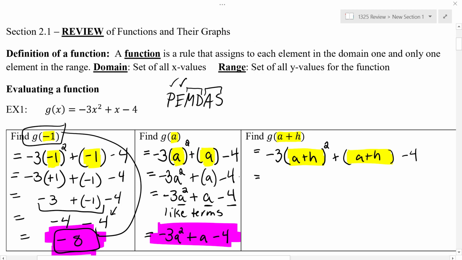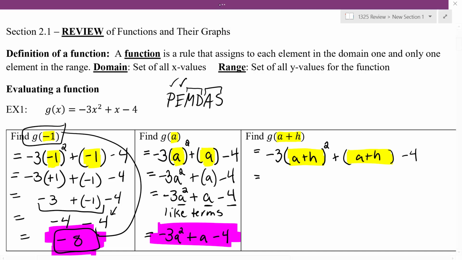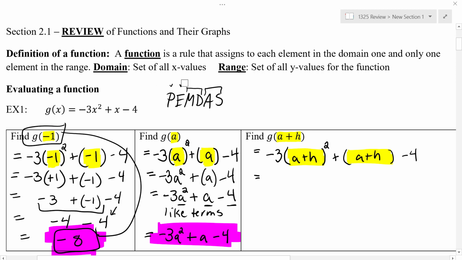Now once again we are going to simplify using PEMDAS. So we have already said that parentheses would be technically the first step of order of operations in simplifying. Can I add a plus h within the parentheses? And once again, that does not fall under the category of like terms, because in order to be able to combine them, you have to have the same exact variable and the same exponents on that variable.